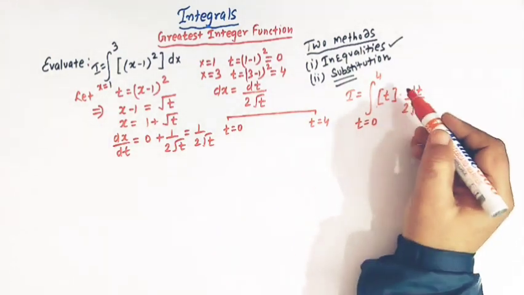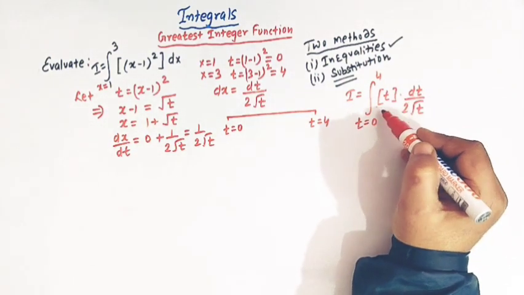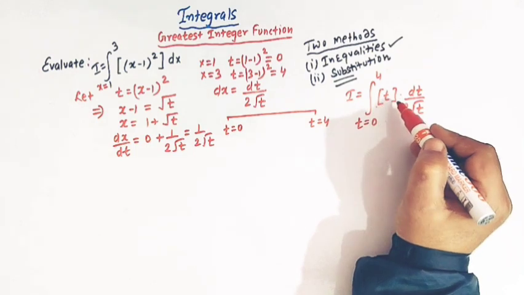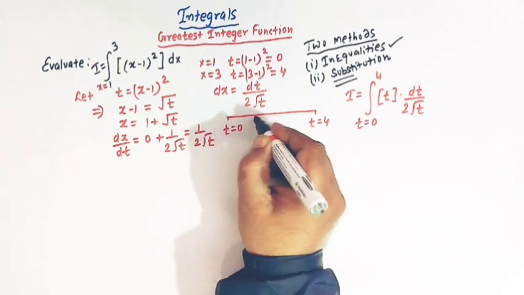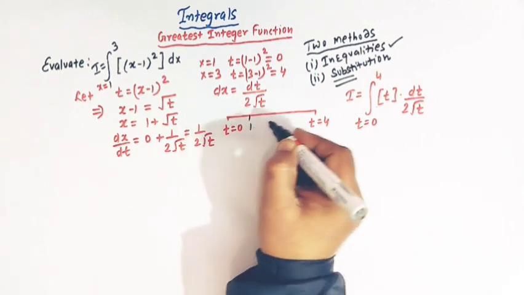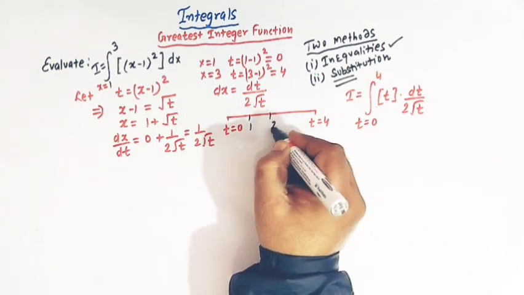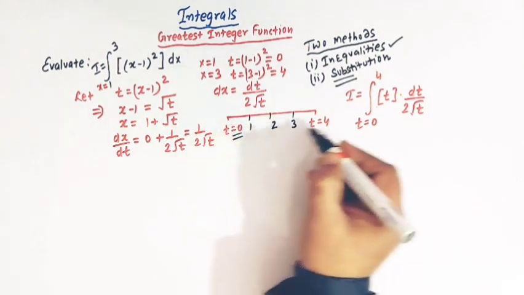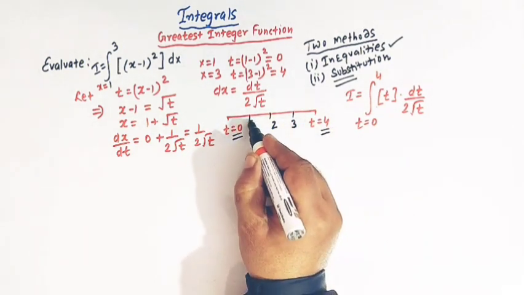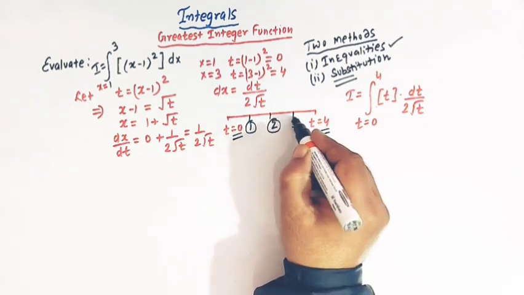Viewers, whenever we come across the greatest integer function, we always search for integers. Between 0 and 4, we have the integers 1, 2, and 3.